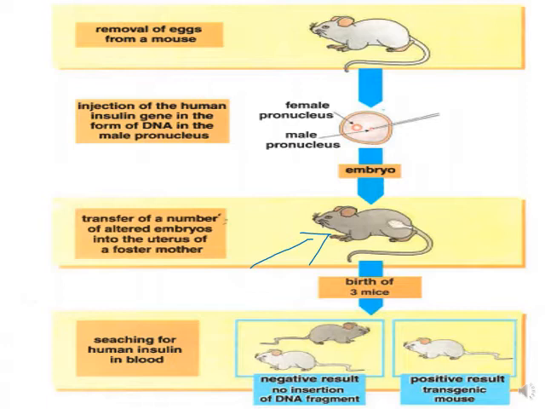has a positive result. Positive result means that it's transgenic. So it expresses the gene of human, which is the human insulin gene. Whereas we have 2 that represent negative results, where there is no insertion of the DNA fragment, meaning that there is no expression of the human insulin gene.